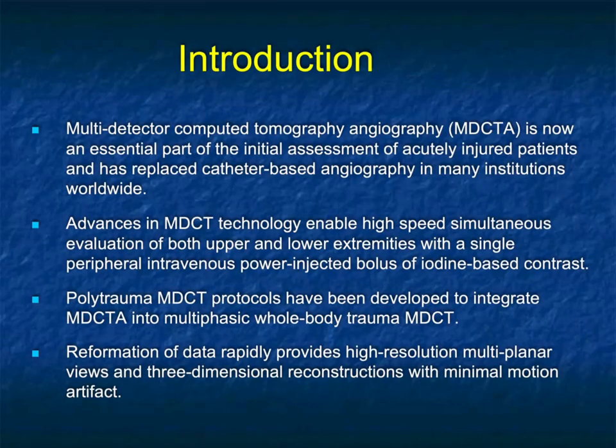Now, I think all of us would agree that CTA is a critical part of trauma imaging, whether it's abdominal trauma, thoracic trauma, or skeletal trauma. The ability to do volume scanning. How many of us literally scan patients from the top of their head through the lower extremities, depending on the type of injury? Many more protocol-driven studies are done these days. Again, people want to make certain that we're not scanning too often.